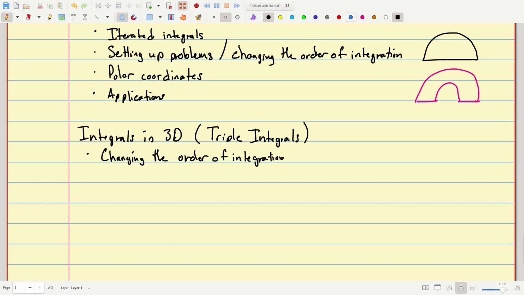One of the things that I might do here is ask you a question where I ask you to change the order of integration and not ask you to solve the problem, so that I have time to ask other things.